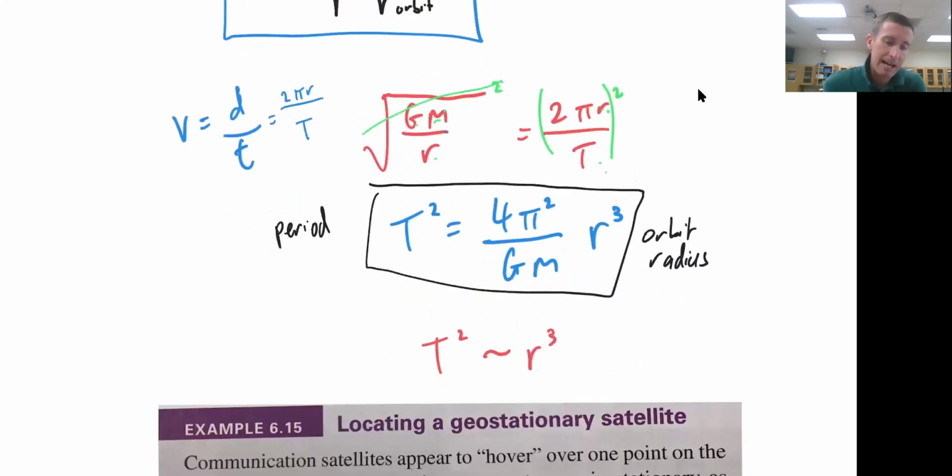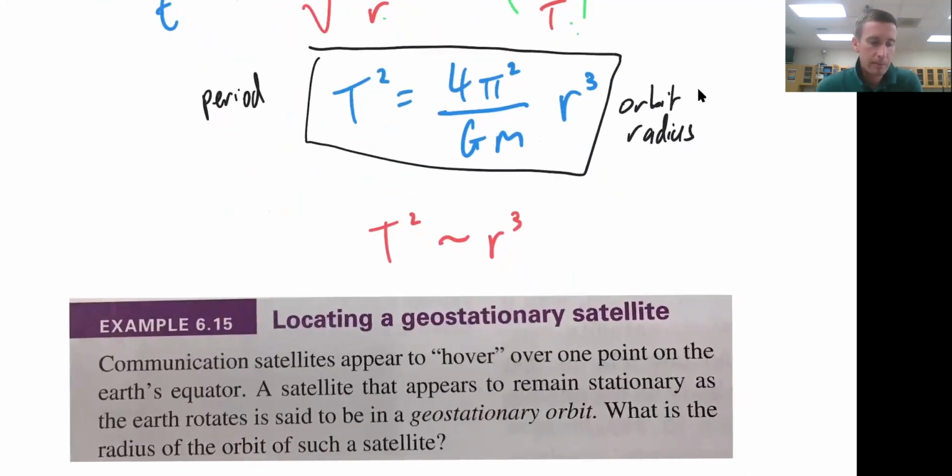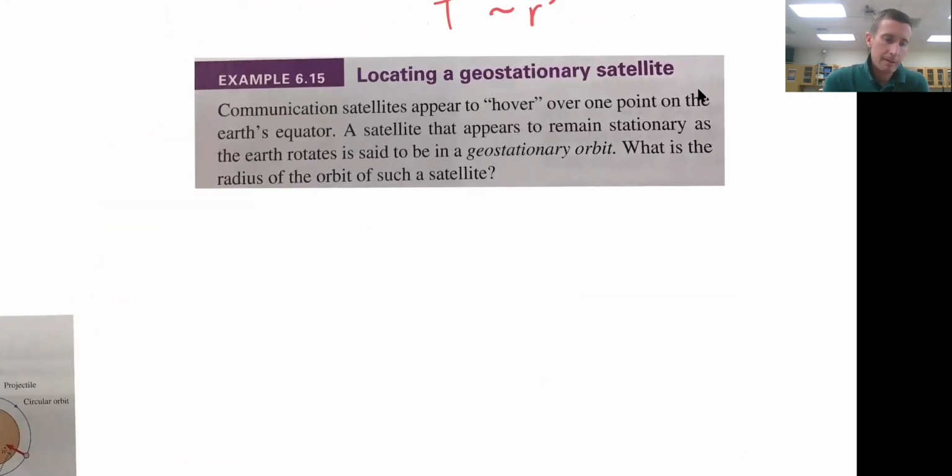Another way of phrasing that is that the period squared is directly proportional to the orbit radius cubed.